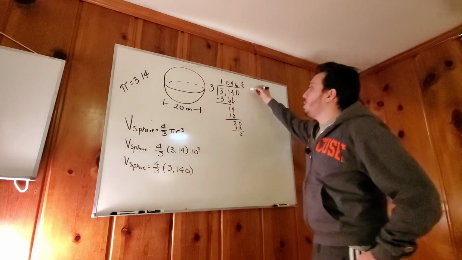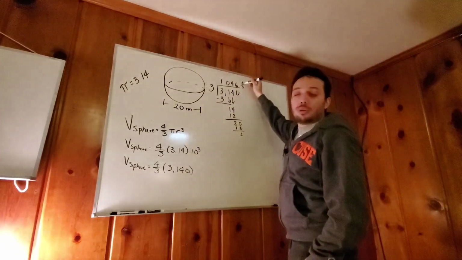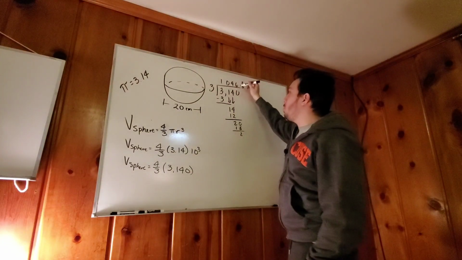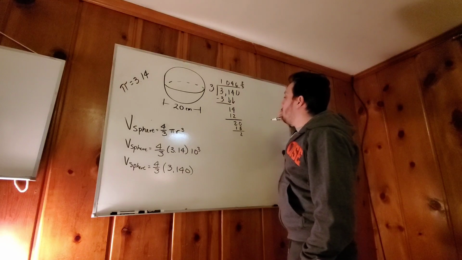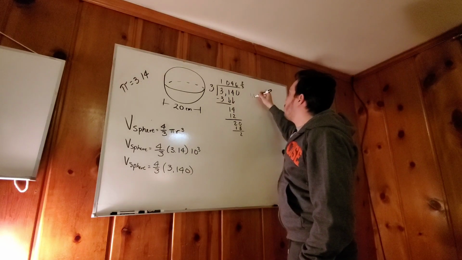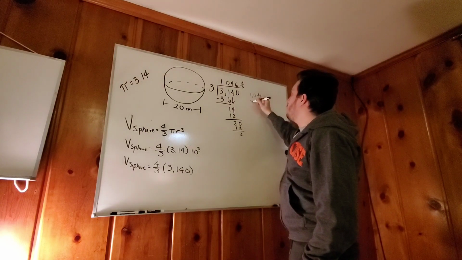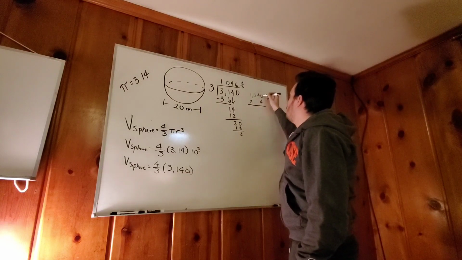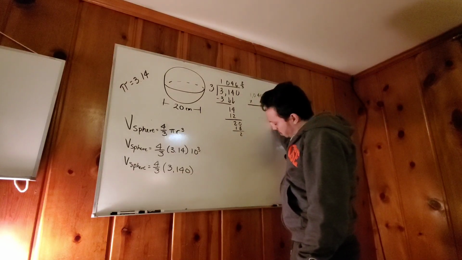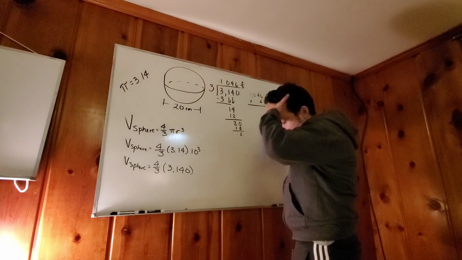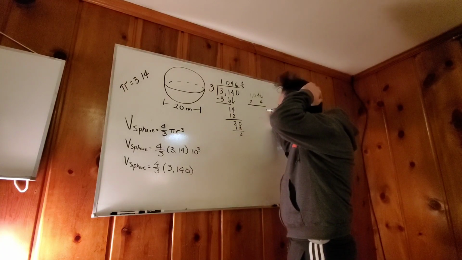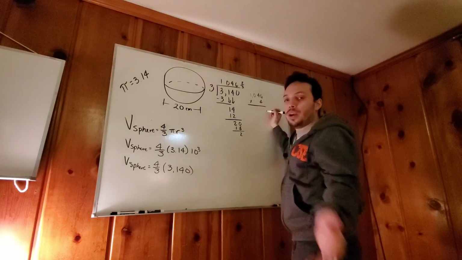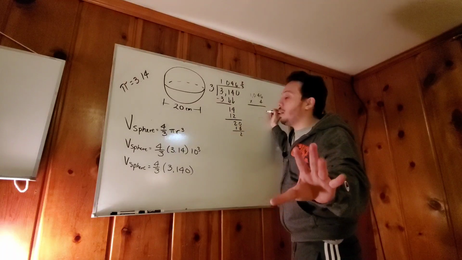But because the 2/3 is right here, I don't have to multiply 2/3 by 4. I only have to multiply this by 4. And so it's going to be 1,046 times 4. My bad, I do have to multiply the 2/3 too.